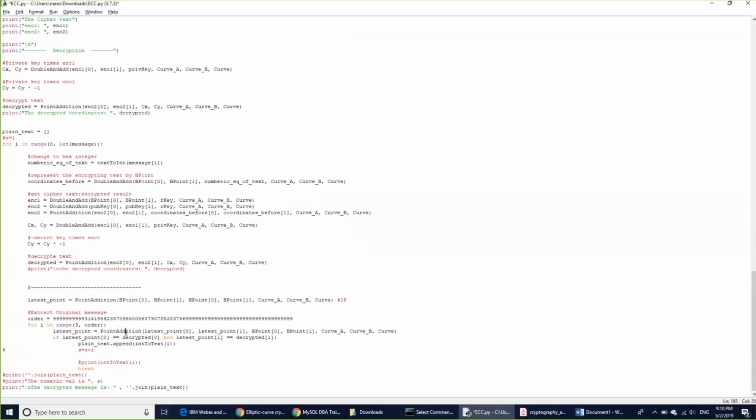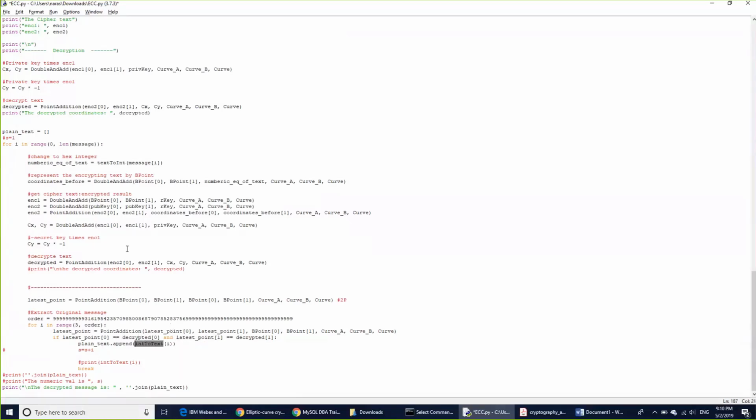So again, this uses the point addition calculations, and after extracting the message, it converts the hexadecimal information into the real text.